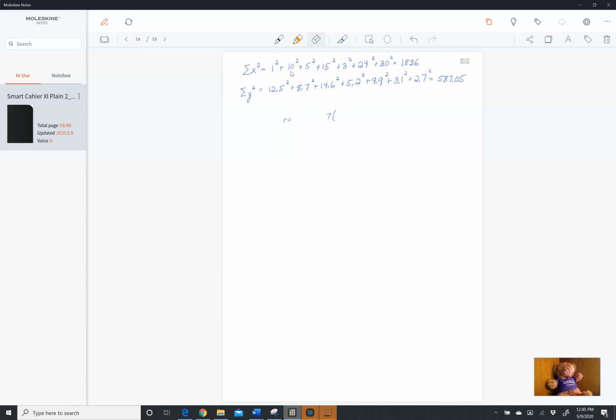So we're going to have 7 times 435.6 minus 88 times 56.7, and then that whole thing is divided by the square root of n, which is 7, times the sum of the squares for x, so 1836, minus the sum of x squared, so minus 88 squared.